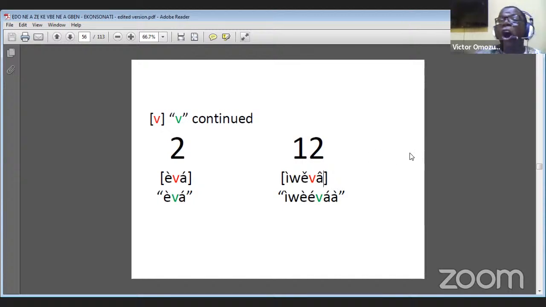Edo will say Oka, whereas an Esan person will say Oka. The same way the Igbo man will also say Oka, but Edo is different. It is Oka, a falling tone is there. That is why we use double vowels in writing it there. When you see what we have in this presentation, it makes writing and reading very easy.